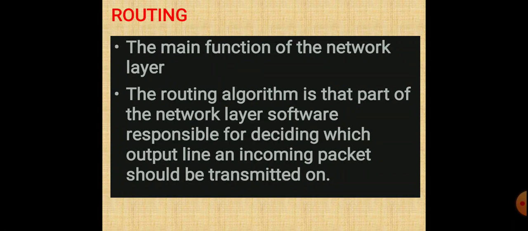The main function of the network layer is routing packets from the source machine to the destination machine. The routing algorithm is a part of the network layer software responsible for deciding which output line an incoming packet should be transmitted on.